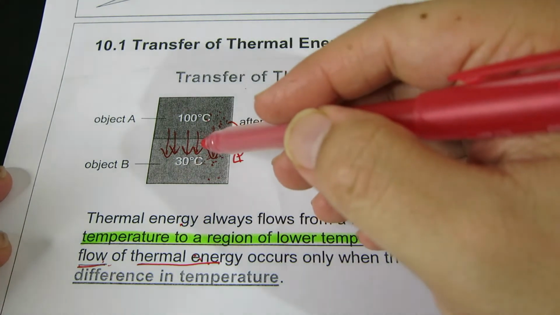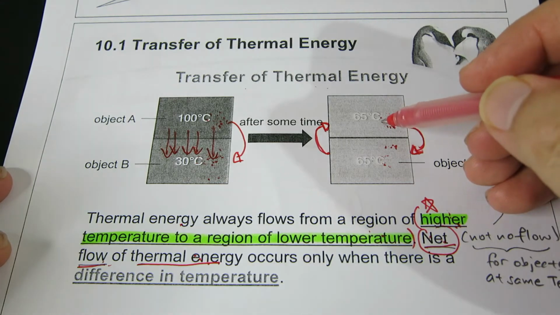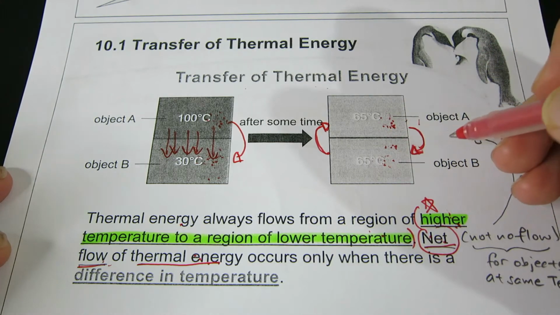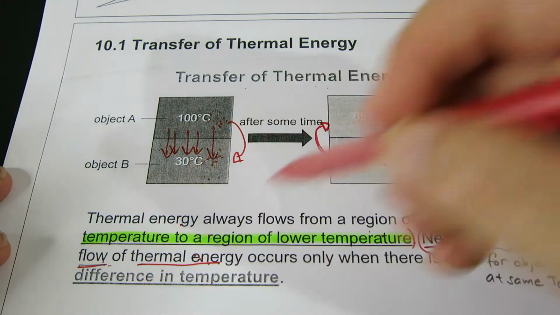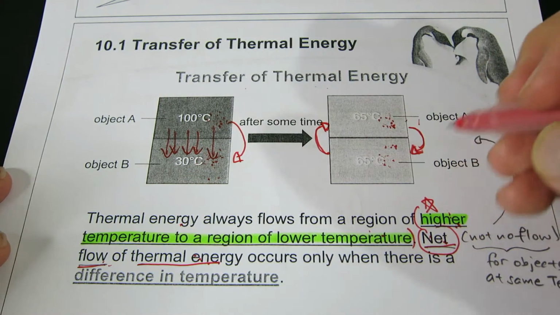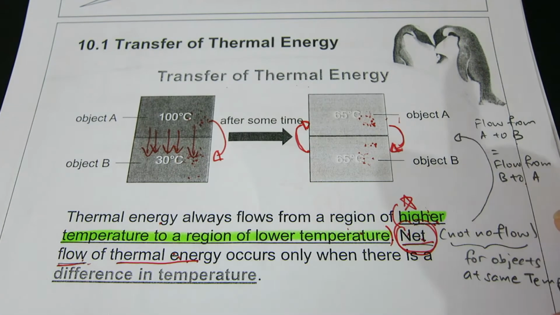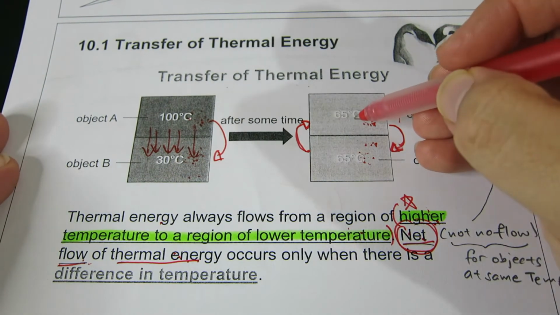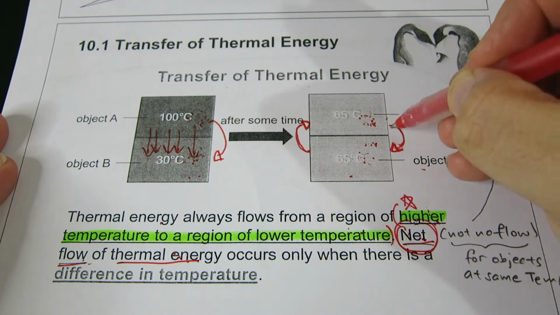Now, eventually after some time, once the thermal energy has been transferred, both objects will reach the same temperature, and then we say that there's actually no net flow of thermal energy between the two objects. Why the word net? It is because actually there is still flow between the objects. So object A 65 degrees, object B 65 degrees, they are both in thermal contact.